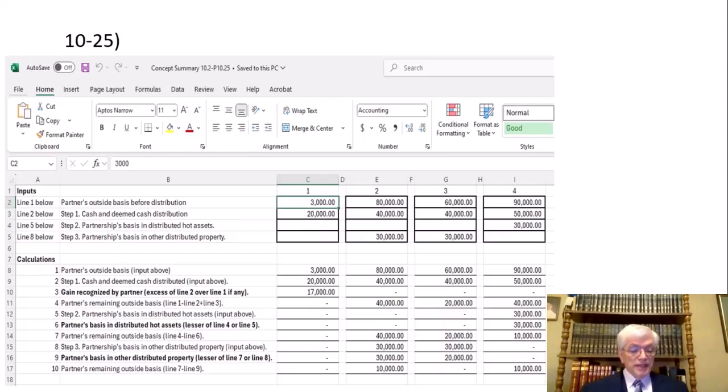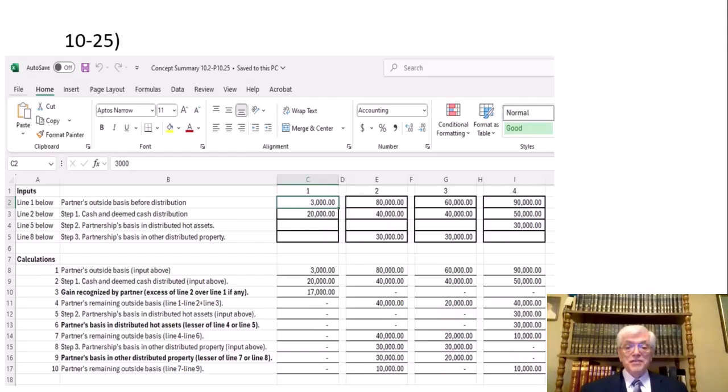Number 3, assume the same facts as 2, except now Courtney's outside basis for her partnership interest is $60,000 rather than $80,000. So we'll just change the first item from 80 to 60. So now outside basis begins at 60. The cash does not wipe out that basis, so she still has remaining outside basis of 20 after the cash distribution.